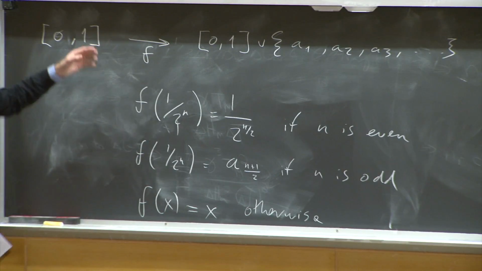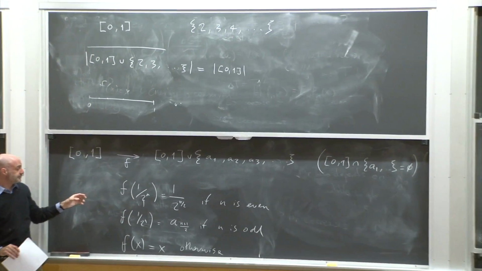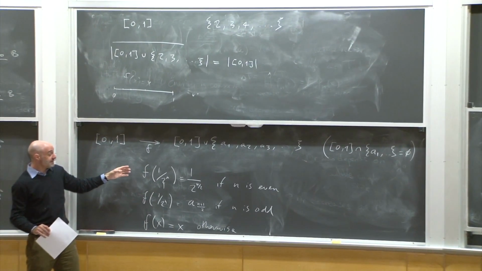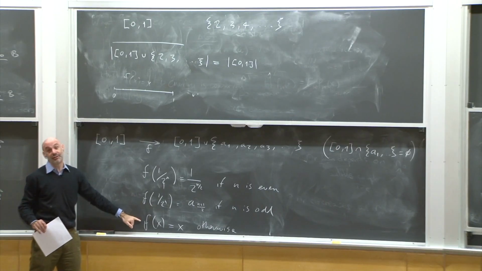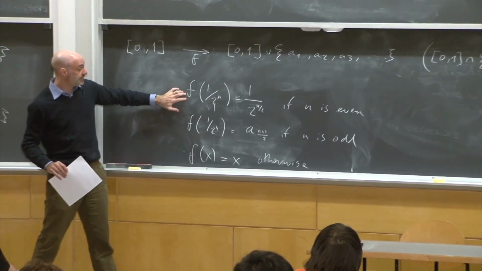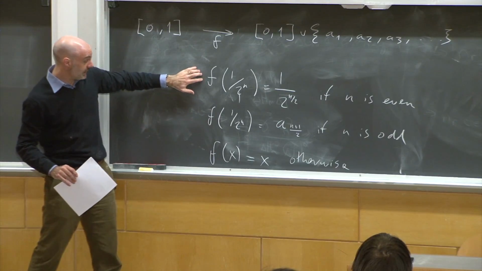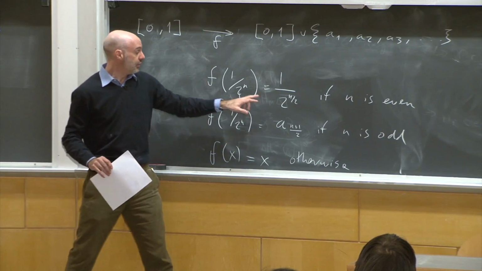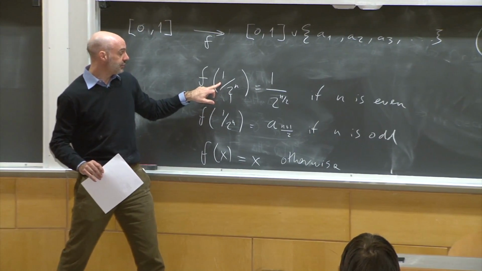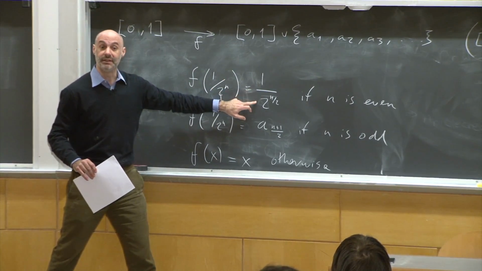The points of this form are exactly the ones that we selected. For the ones that are not of that form, our function is just going to be the identity function. For the ones that are of this form, what we do depends on whether n is even or odd. If it's even, then we're just going to take 1 over 2 to the n to 1 over 2 to the 1/2 of n.